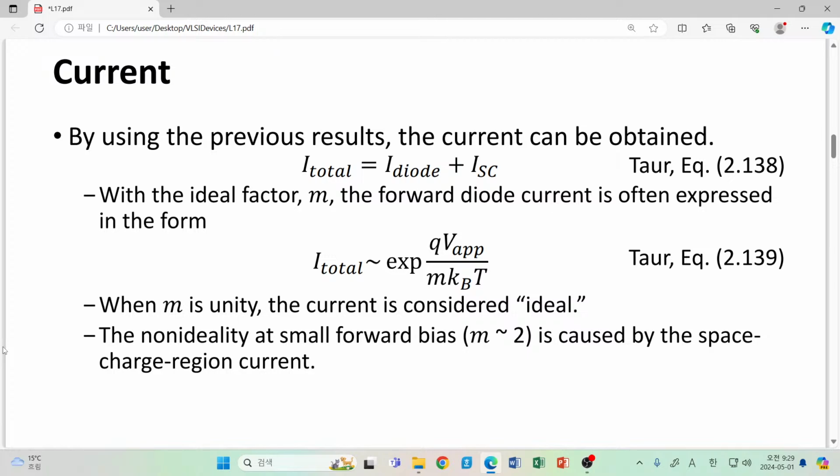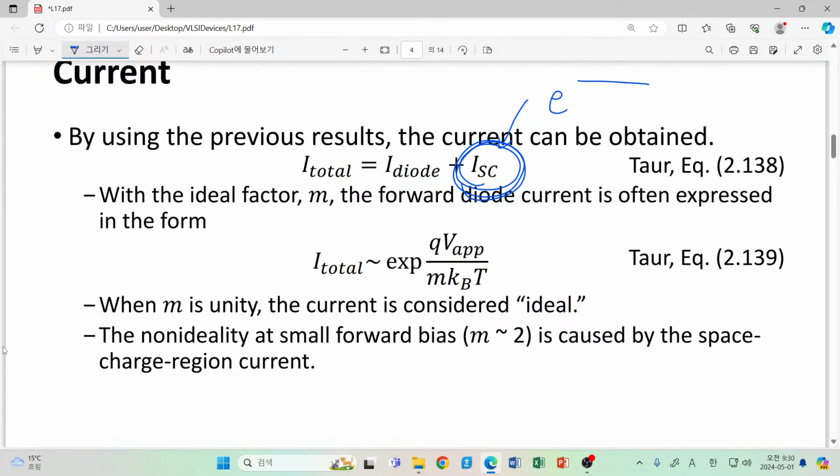In the previous lecture, we considered the diffusion current. That was already given, and it shows exponentially increasing behavior. And today we talked about this term originating from net recombination, and we found that its form is simply given by V applied.